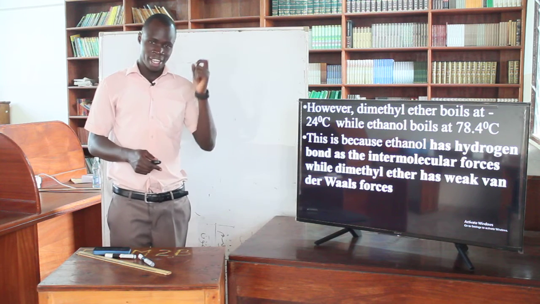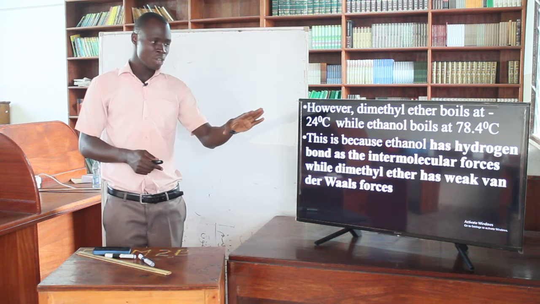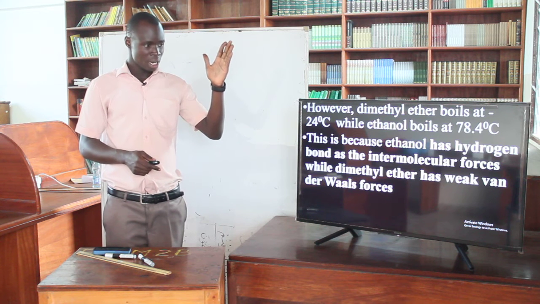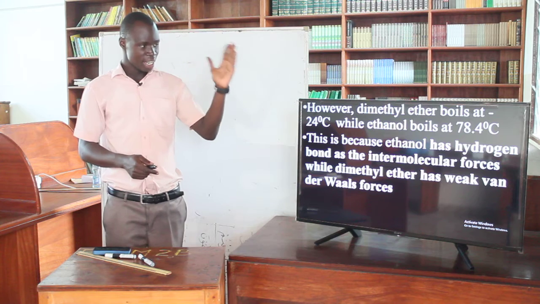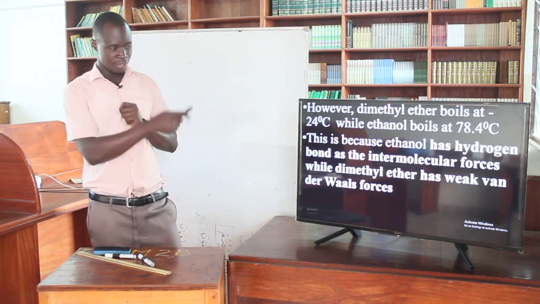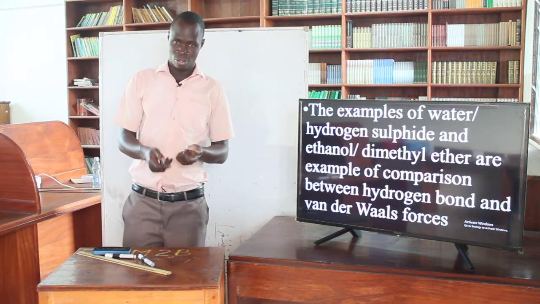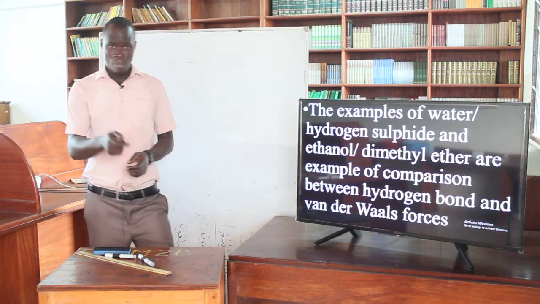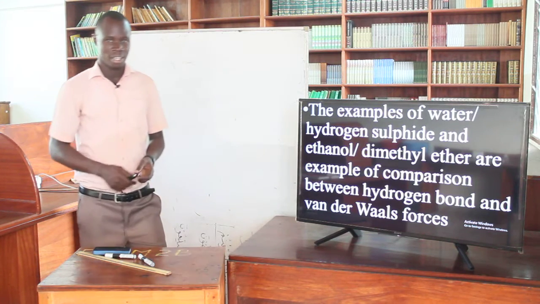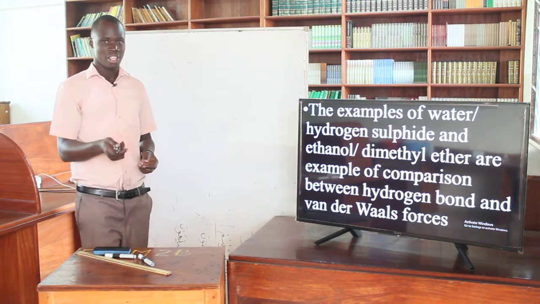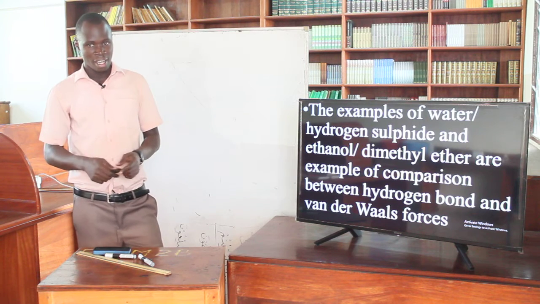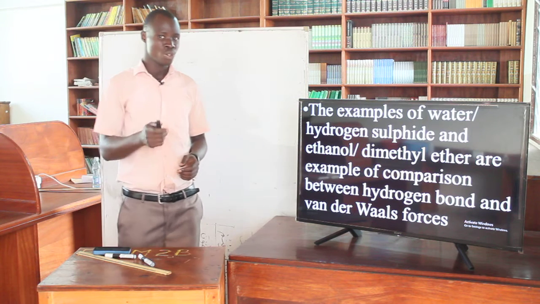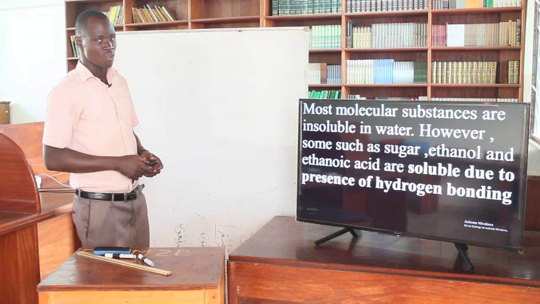For a hydrogen bond, there has to be an electropositive atom, which is hydrogen in this case, and any other electronegative atom. The examples of water and hydrogen sulfide, and ethanol and dimethyl ether, are examples of comparison between hydrogen bond and van der Waals forces.